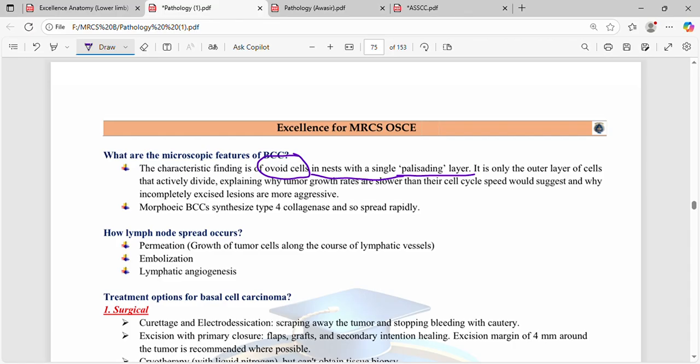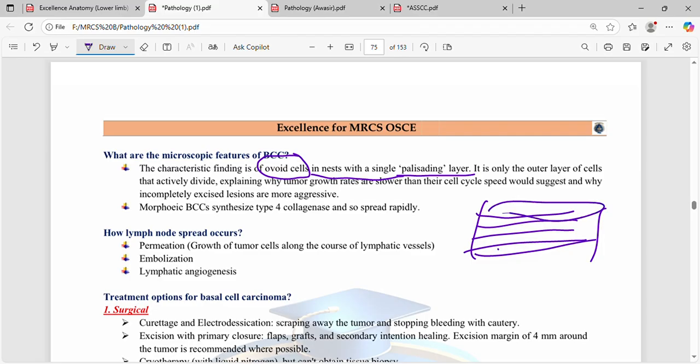So, what are the microscopic features? They have basal cells, meaning oval-shaped cells, and they form palisading layers, and the outer layer is the only layer which divides rapidly, so that's why they are slow.